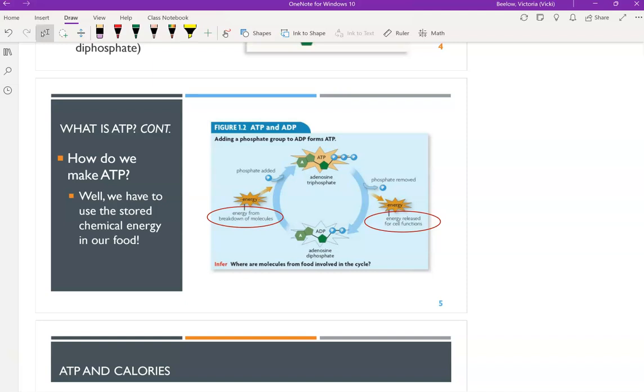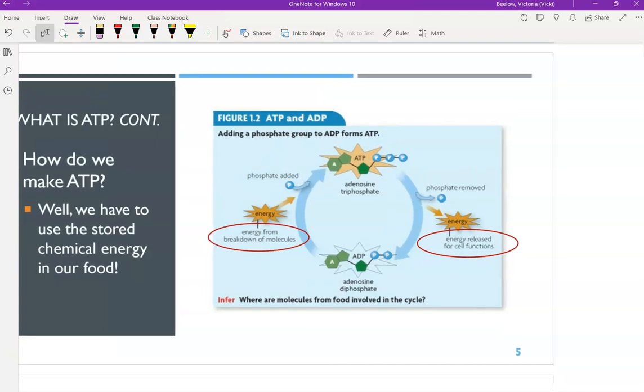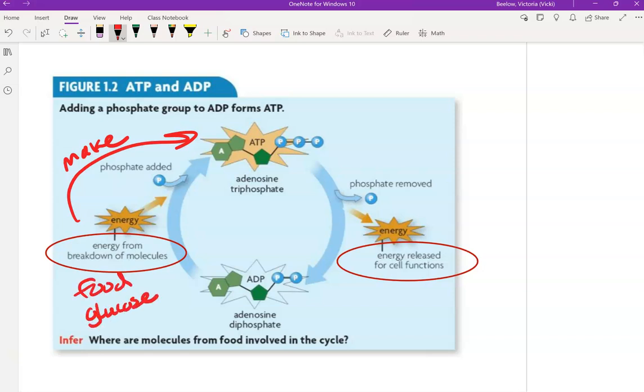So kind of like what I was just saying right here. Again, ATP, we use the stored chemical energy in our food. So this right here, that's going to be making that ATP. We get energy from our food, from glucose molecules that we eat or consume. And that's what we're going to be focusing on here.